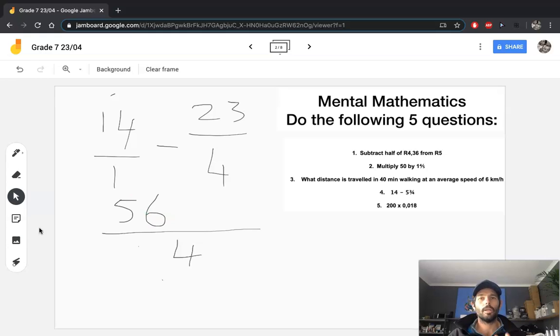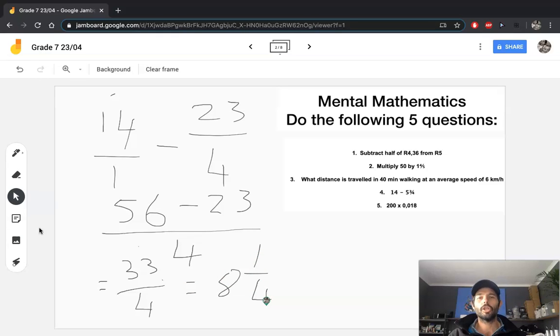To work that out quickly, I went 14 times 2 is 28, 28 times 2 is 56. Then subtract your 23, and that will leave you with 33 over 4. If you wanted to change that back into a mixed number, that's going to be 8 1/4.